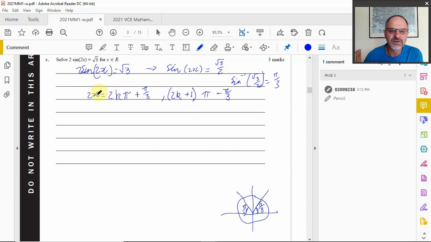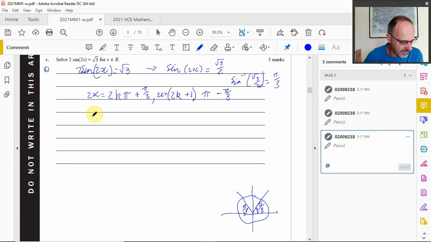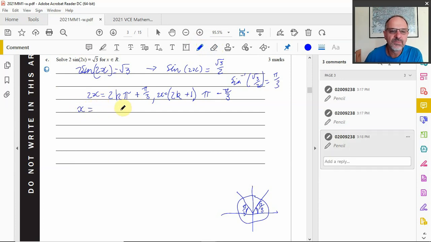All right, and so that's for 2x. So I could write in here 2x equals 2k pi plus pi on 3. Let me get rid of that horrible looking thing. All right, so now I've got to do some rearranging. Over here on the left hand one, divide everything by 2, and so you get x equals k pi plus pi on 6.